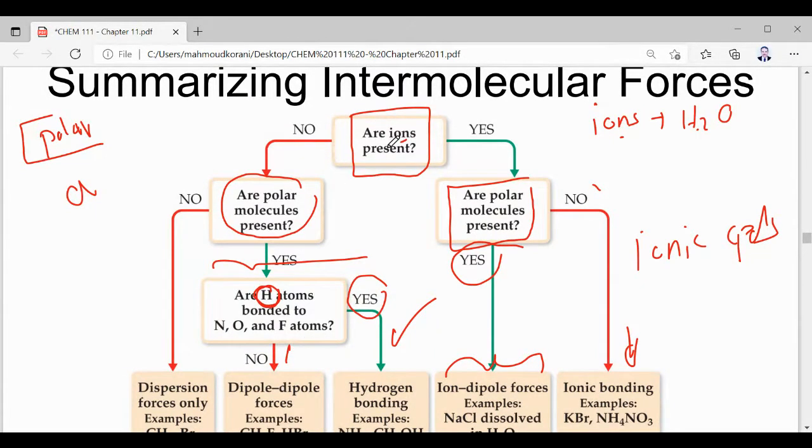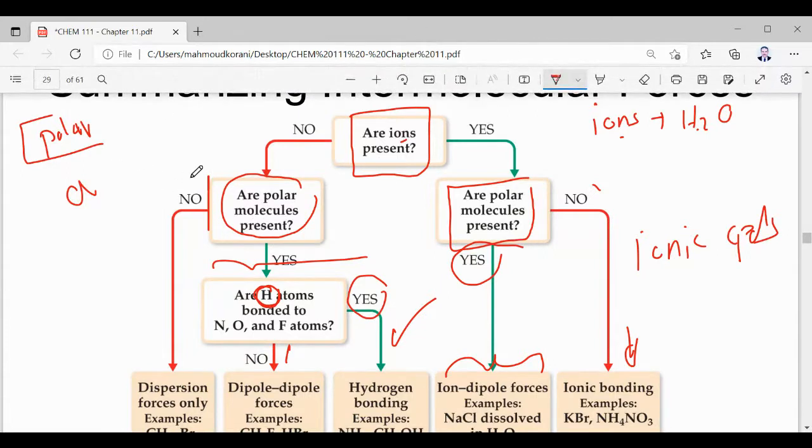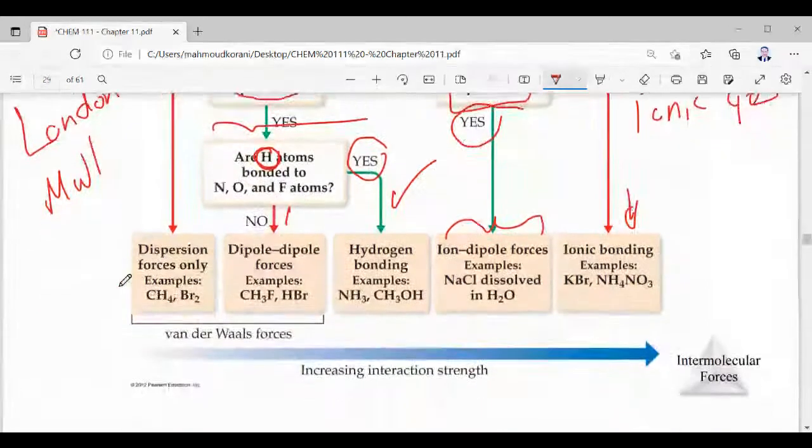Once you know there are no ions, you ask yourself, are polar molecules found? If no, you have non-polar compounds, so it contains only random forces, which depend mainly on the molecular weight of that compound.